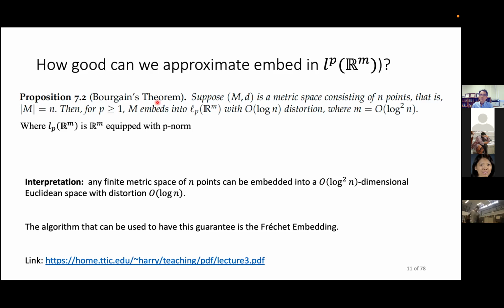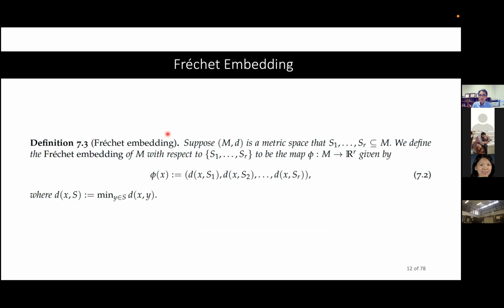Yeah, so let me give you my interpretation, just to converge to whatever it really means. Here is my understanding. The Fréchet embedding definition itself didn't specify how to choose S, right?